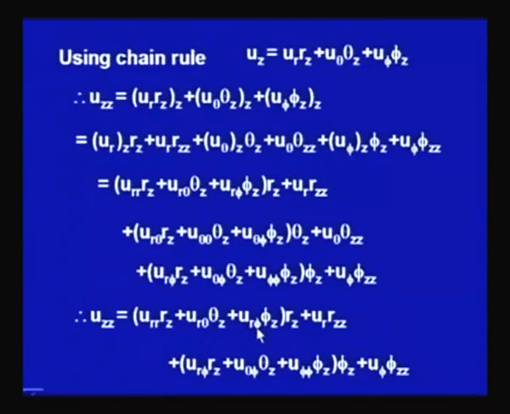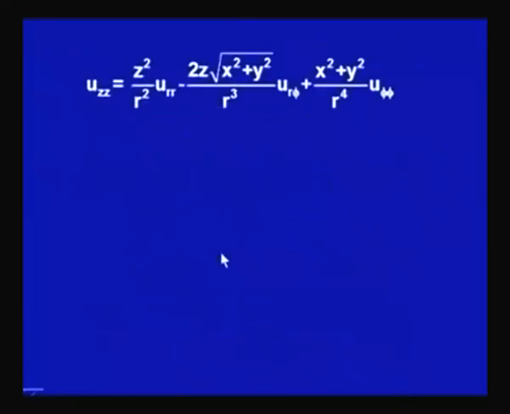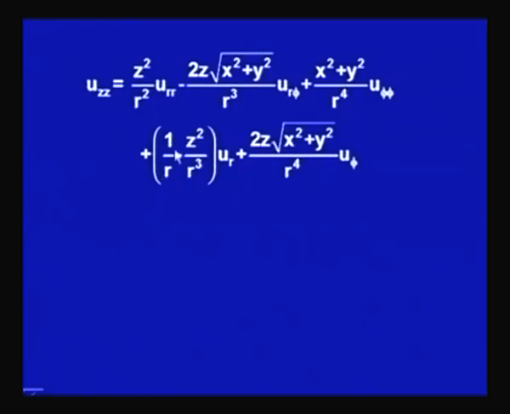The coefficient of u_r phi from here is phi_z r_z, and the coefficient of u_phi r from here is also r_z phi_z, and then the coefficient of u_phi phi is phi_z squared, and the u_r coefficient is r_zz, the u_phi coefficient is phi_zz. Substituting, we finally get z squared upon r squared times u_rr, minus 2z times the square root of x squared plus y squared upon r cubed times u_r phi, plus (x squared plus y squared) upon r to the power 4 times u_phi phi, all the second order derivatives, and then for u_r and u_phi, the coefficients are r_zz and phi_zz.